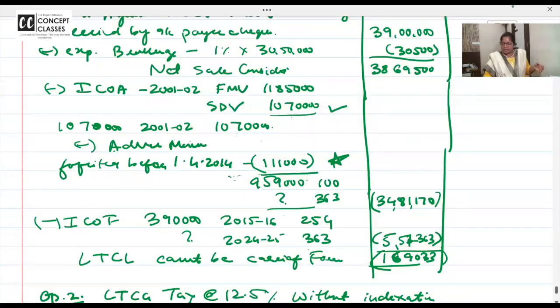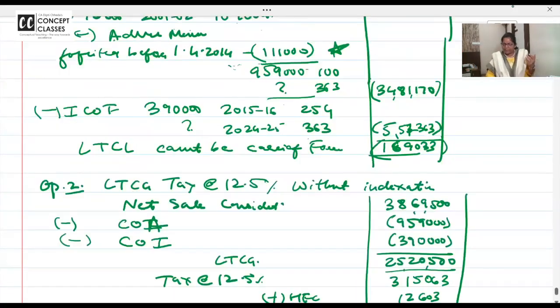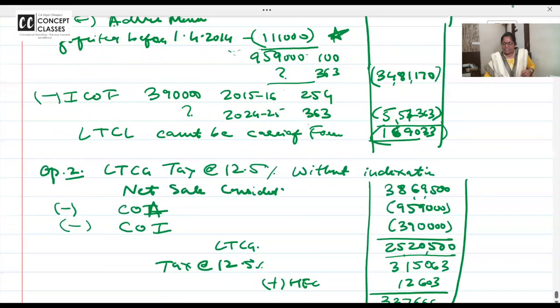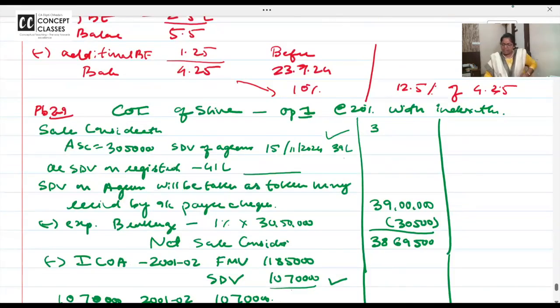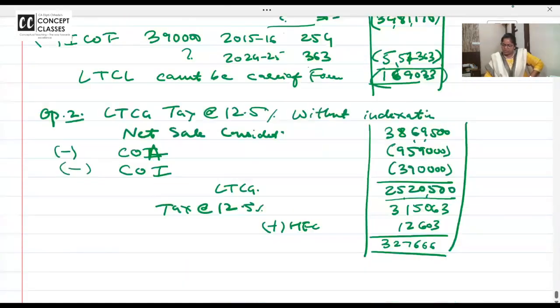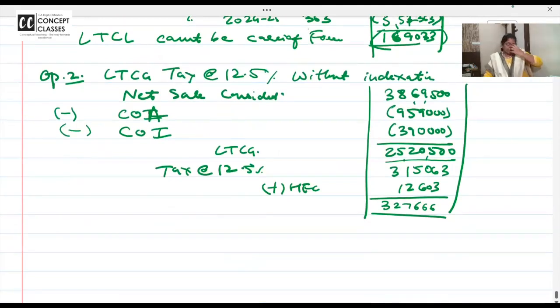Did you get it? You can pay the capital gain for individuals and HUFs who are resident with indexation or without indexation. With indexation, it's 20%, but I didn't calculate 20% as it was a loss. And without indexation, it's 12.5%.